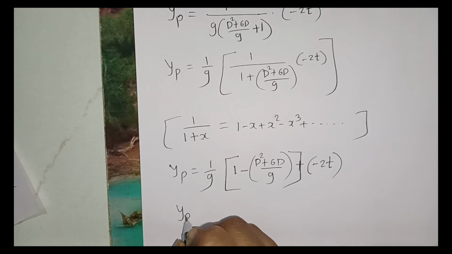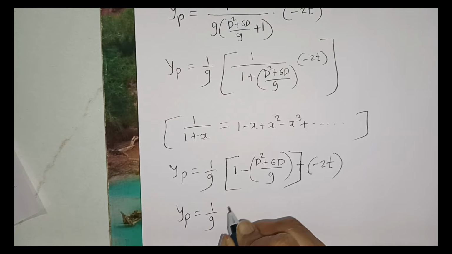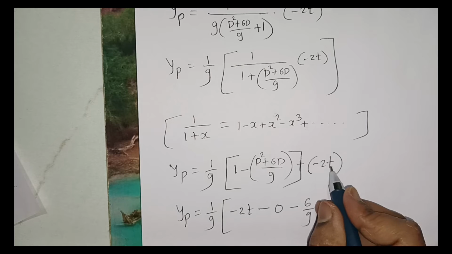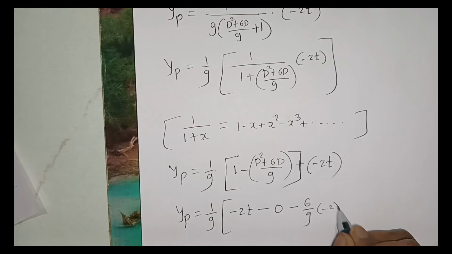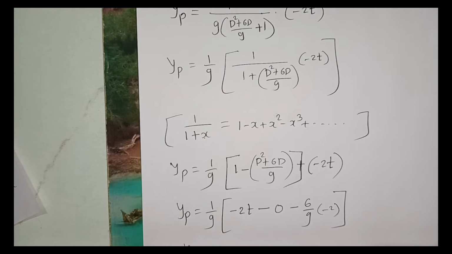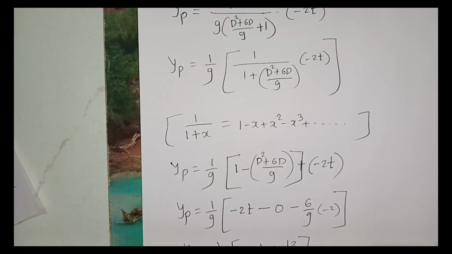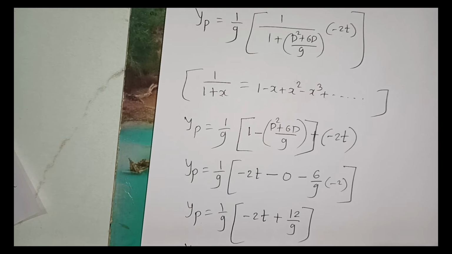So yp is equal to 1 by 9, 1 into minus 2t, minus the second order derivative which is 0, minus 6 by 9 D of this minus 2t, which is minus 2. Close the bracket. So yp is equal to 1 by 9 into bracket minus 2t plus 12 by 9. 12 by 9 is 4 by 3.